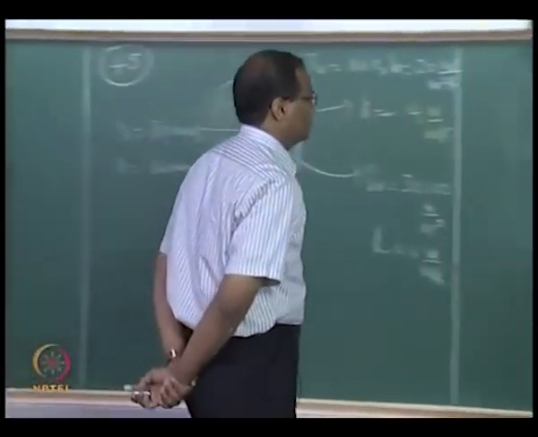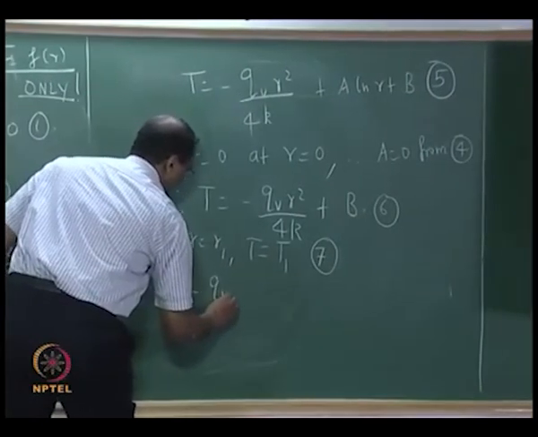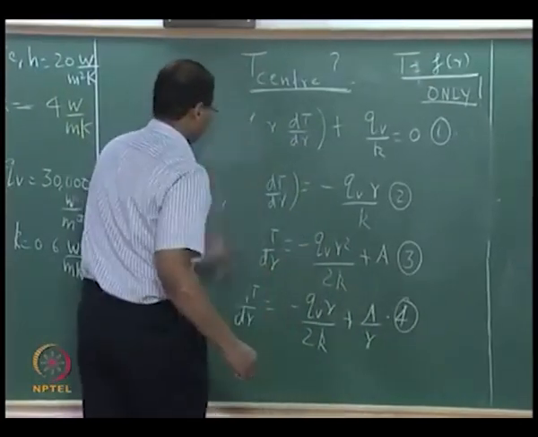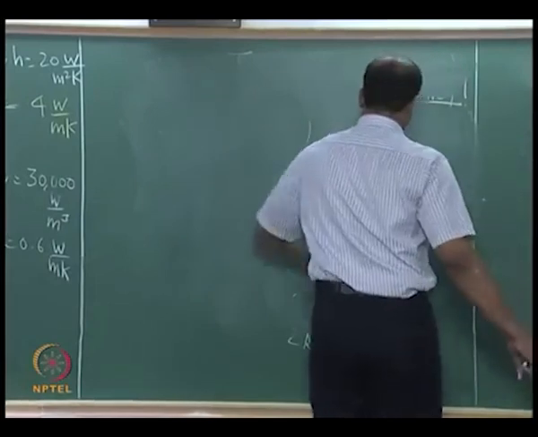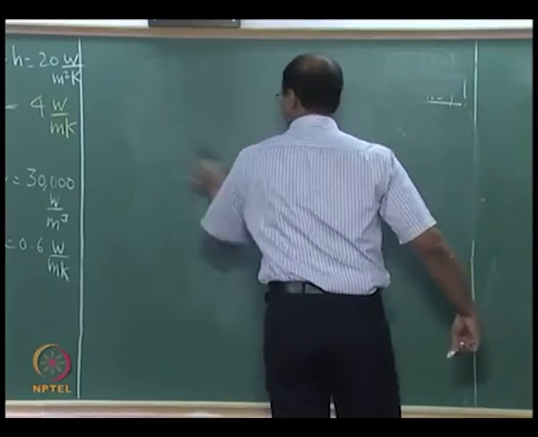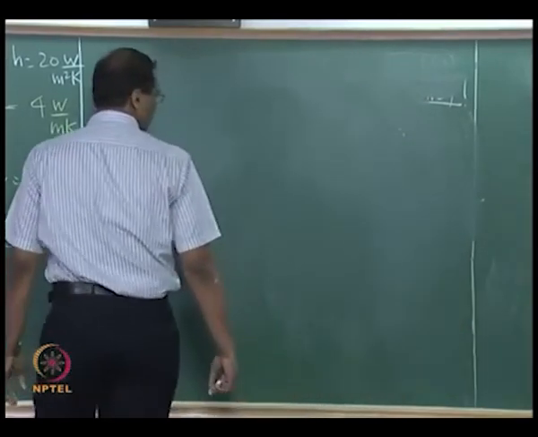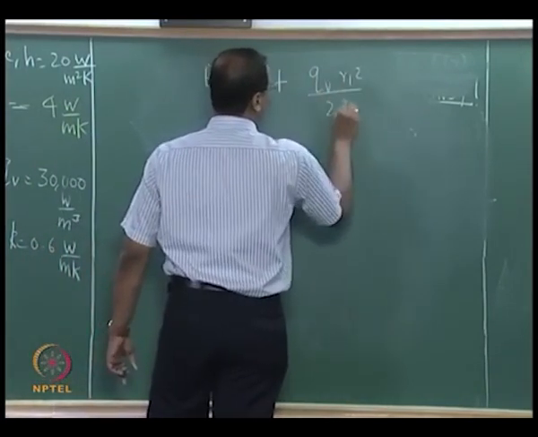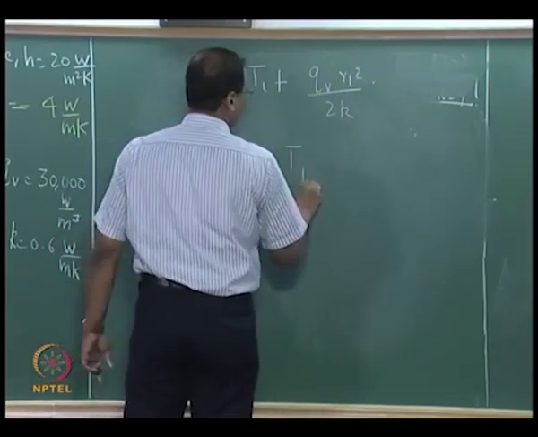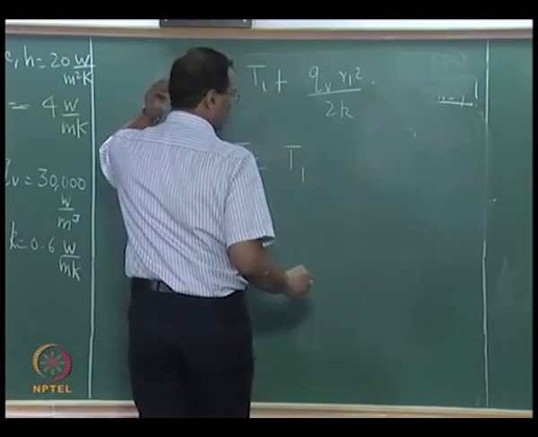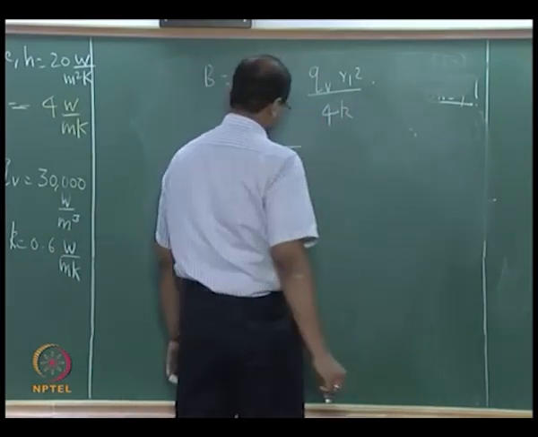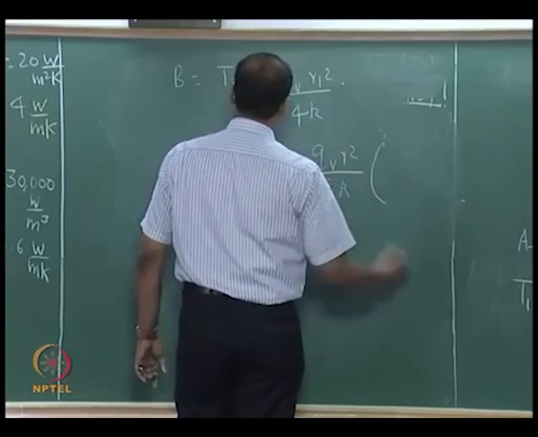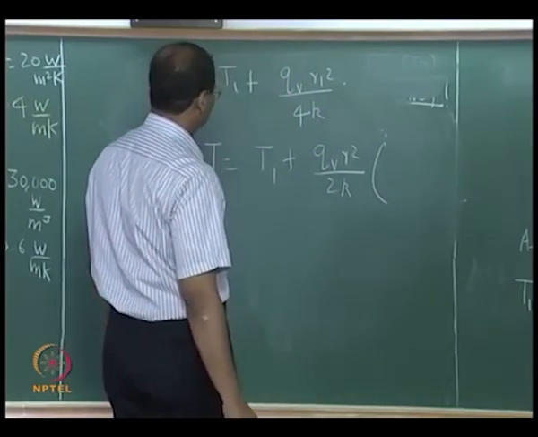So now I will do this. So T equal to T1, what is B?